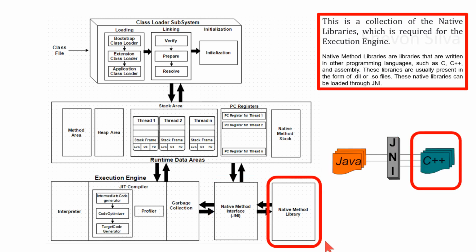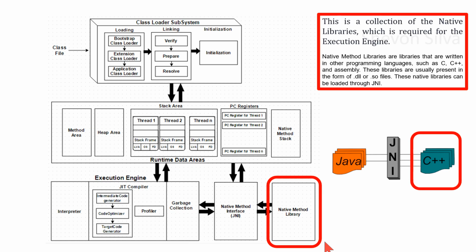Now we are focusing on the native method library, which communicates with the native method interface. This is a collection of native libraries which is required for the execution engine. Native method libraries are libraries that are written in other programming languages such as C, C++ and assembly.